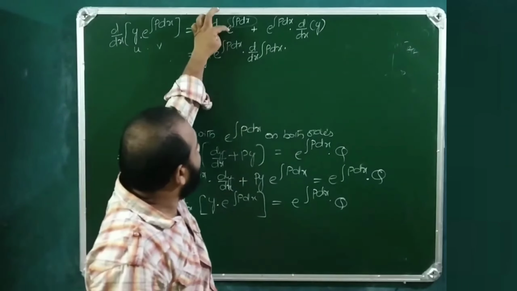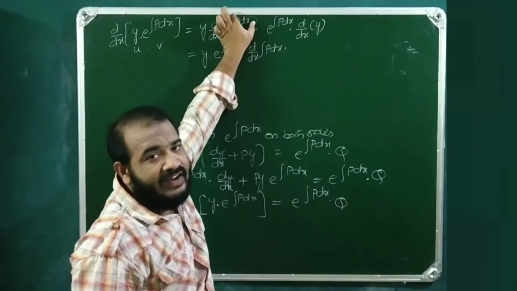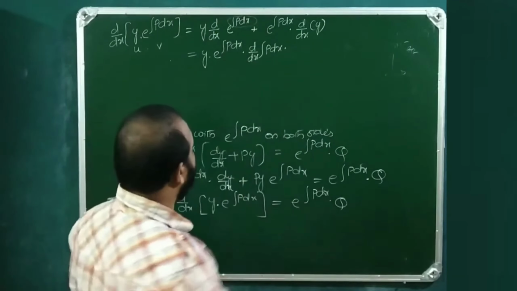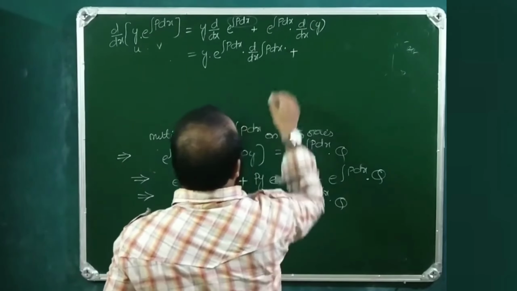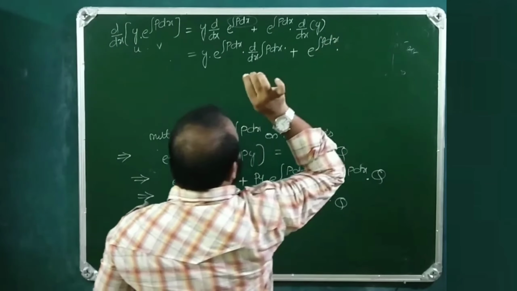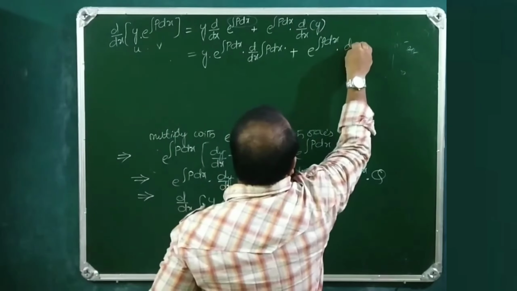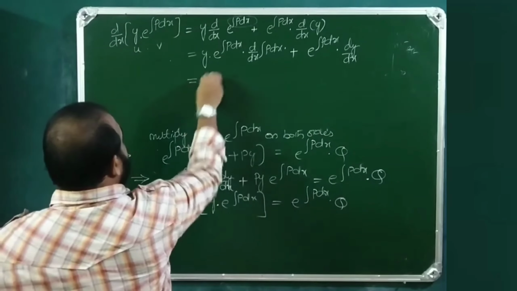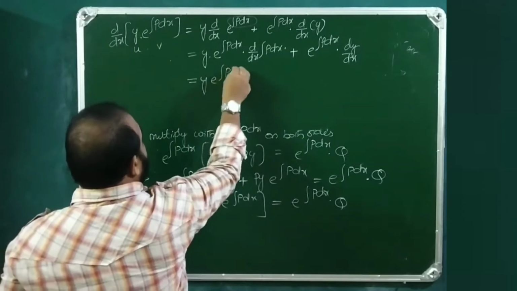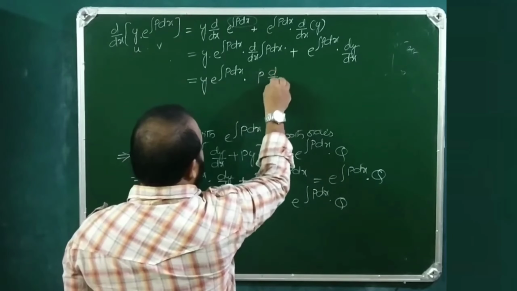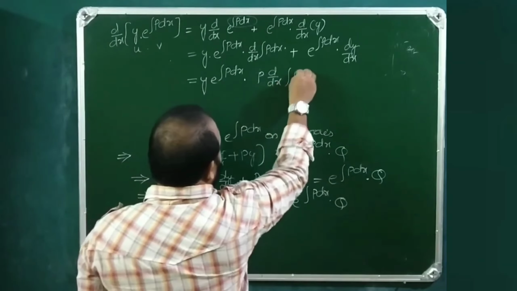Since e power this is x, since I have treated it to be x, we need to differentiate it later, plus e power integral p dx into d by dx of y is dy by dx. This is equal to 5 into e power integral p dx into, this is p into d by dx of integral 1 dx.